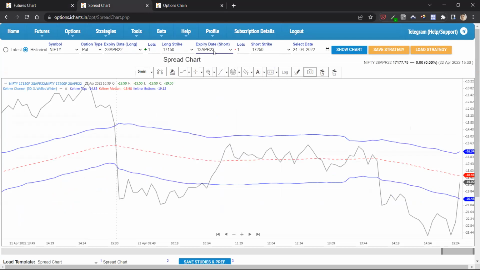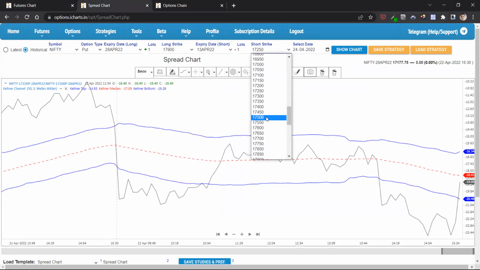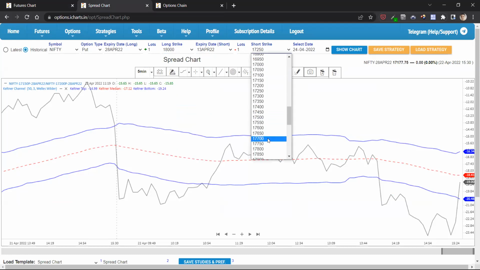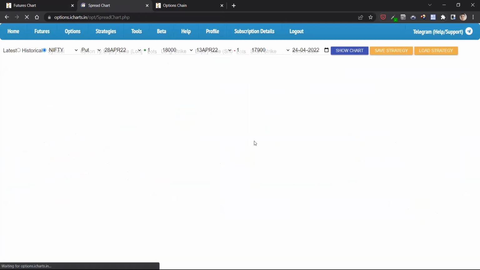Say 13th April, I'm taking this, and this maybe I'll take monthly expiry. 17.9, and if you want to stay slightly bearish, you can take this as 18,000 and this as 17.9. Or you can keep same also, 17.9, should not matter.